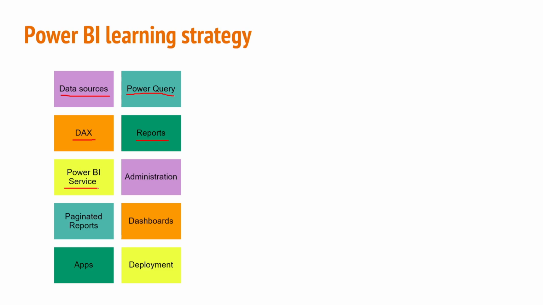Here we need to understand how to create different workspaces and how we can reuse existing data sets to create new reports, such functionalities. Then we have the administration part, in which we need to provide access to the end users, at whichever level they want it.